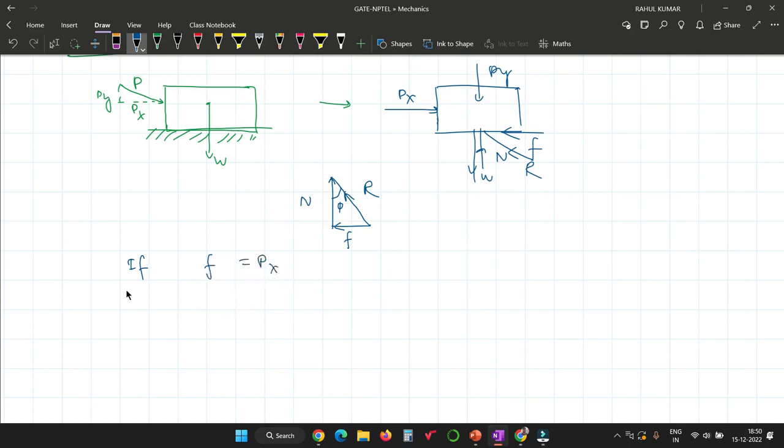Okay, if f equal to px, oh wait a minute, someone is at my door.